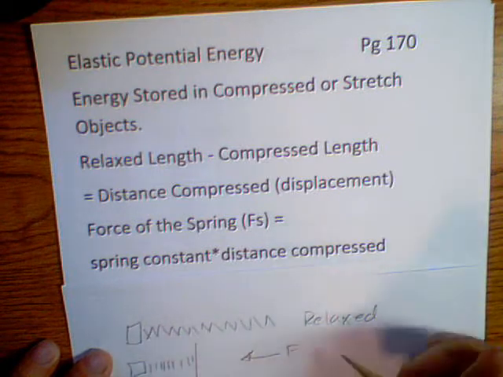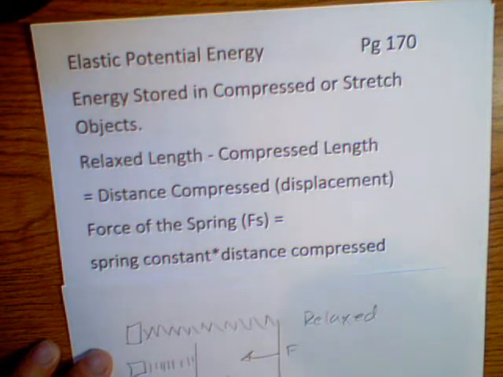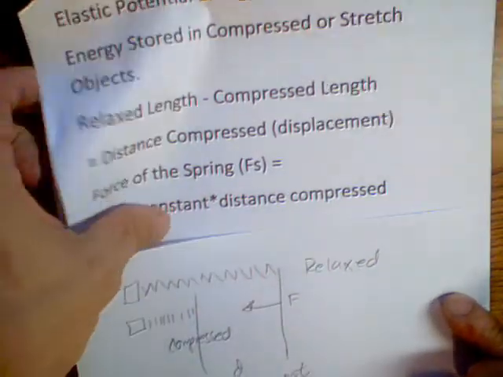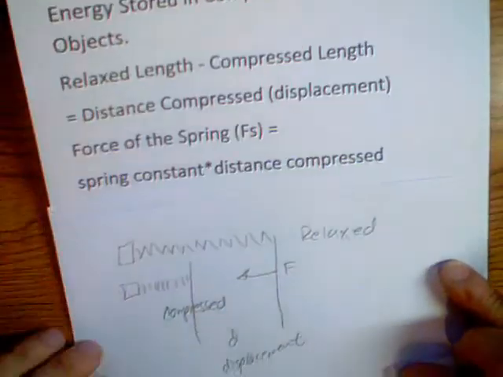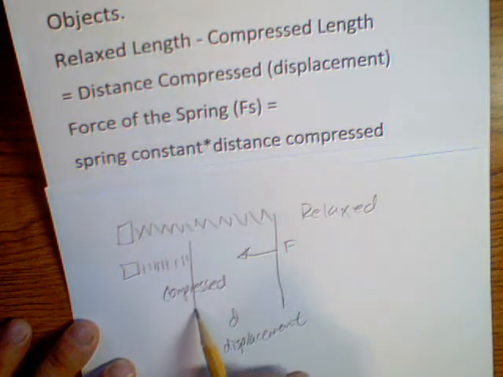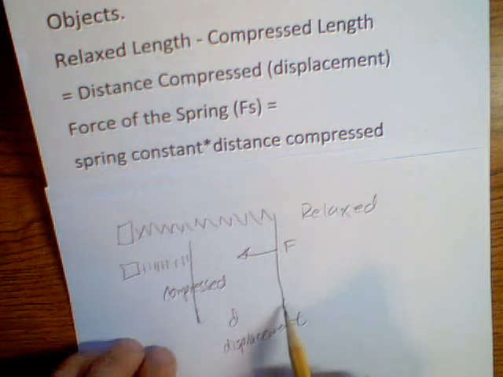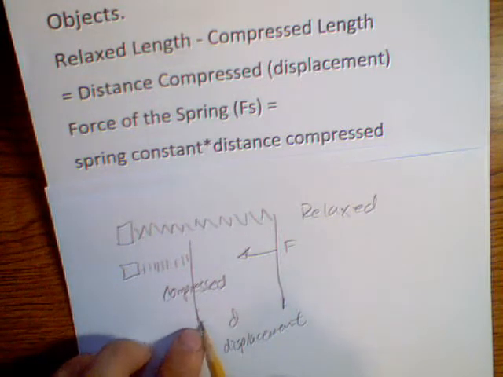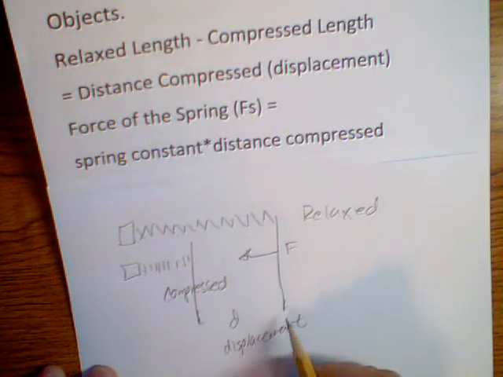Now, the difference between these two is d, the displacement, and it's important to recognize what the displacement is: the distance from relaxed to compressed, and it requires work to do that.